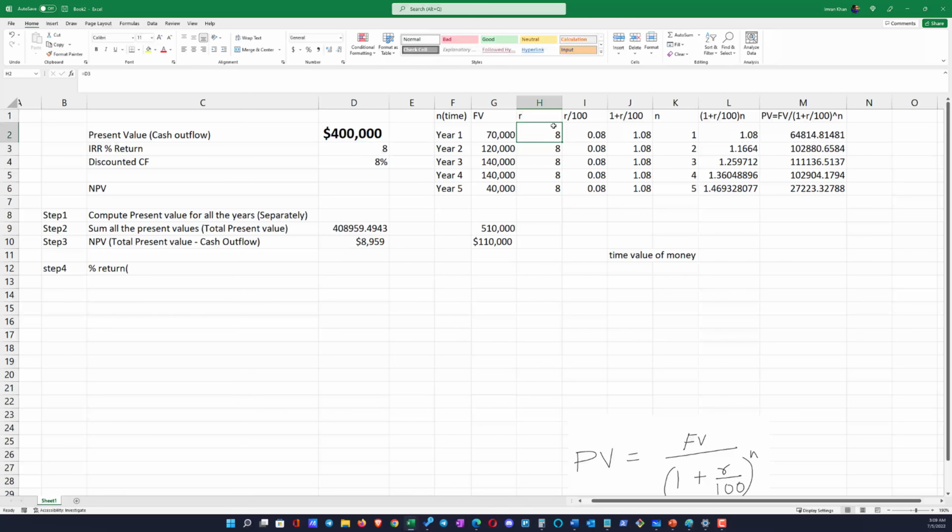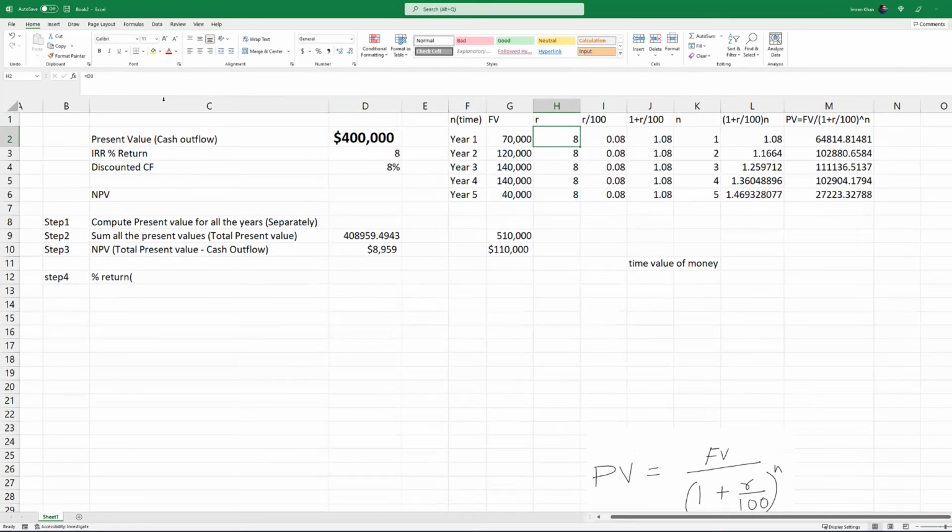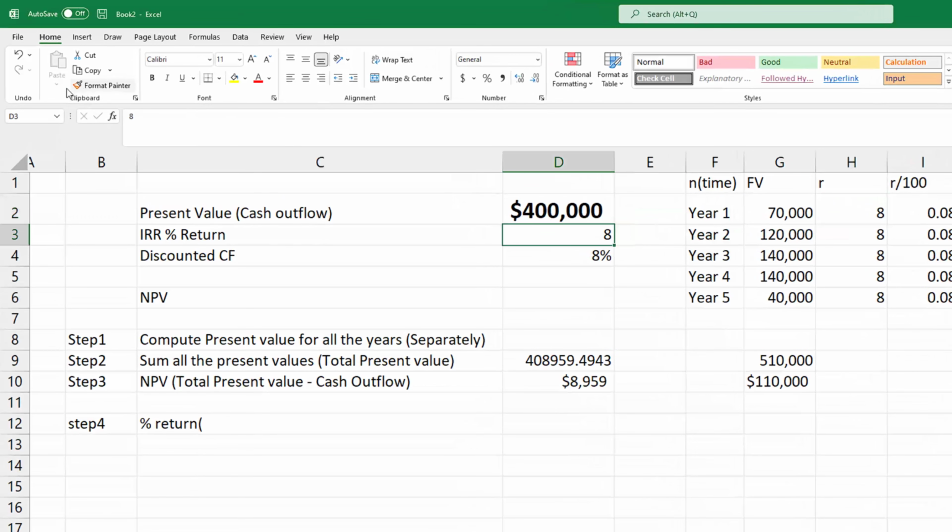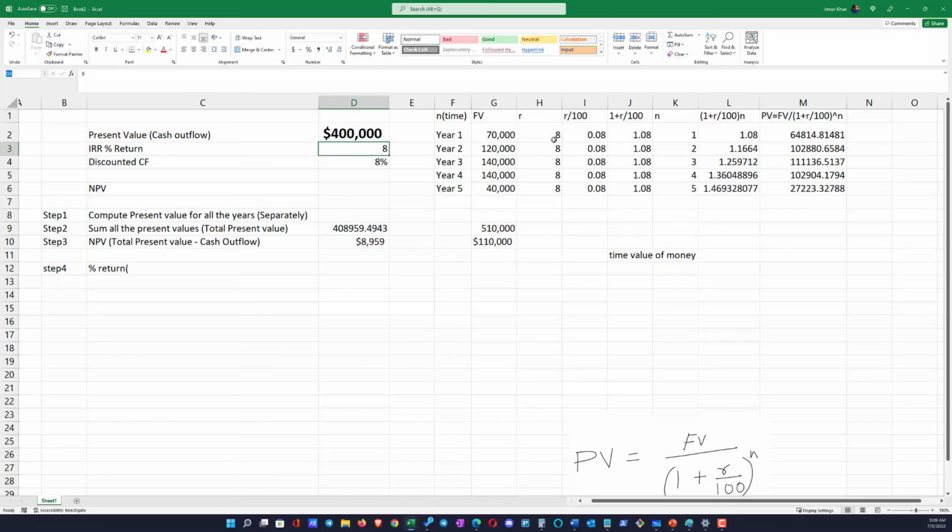Instead of typing the number 8, I'm going to give the reference so that the calculations become easy. I've selected equal to D3. This cell is called D3. You can locate it here, D3, right? I'm just giving reference to this particular cell.